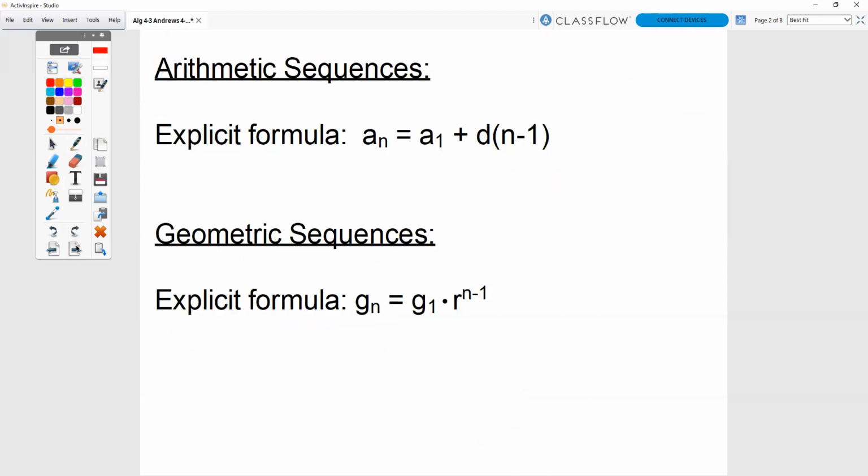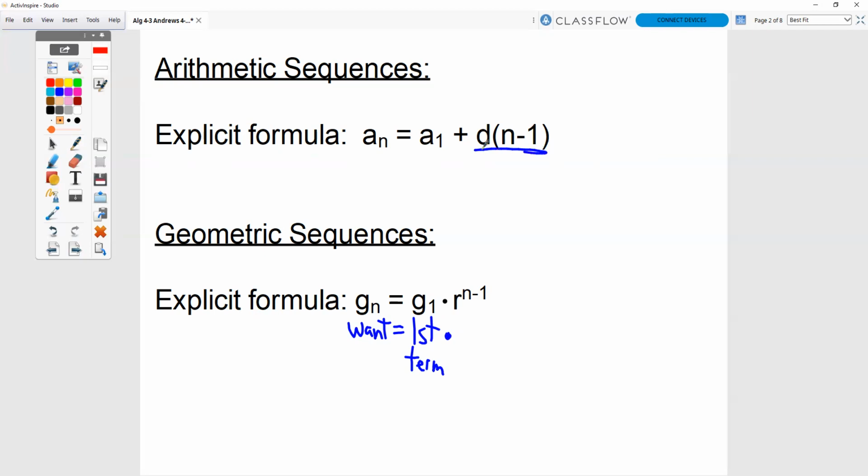So yesterday we talked about the explicit formula for arithmetic. Today we're going to talk about the explicit formula for geometric. So for geometric, G sub N is the term that you want. This will give you any number term. For example, if you wanted the 100th term, it can specifically give you that 100th term instead of having to figure them all out by hand. G sub 1, we said, is the first term in the sequence, whatever that first number is, times, and now this is where you have to be careful.